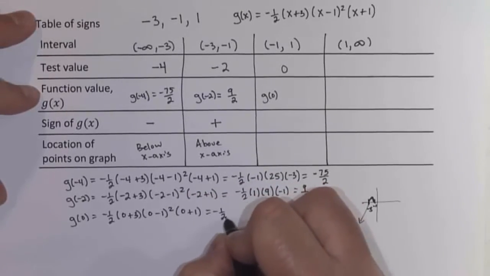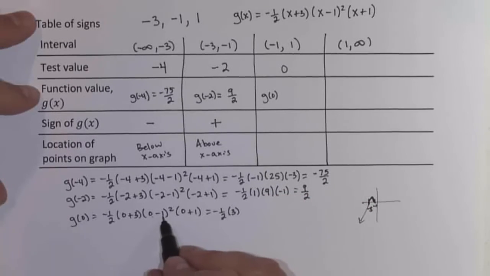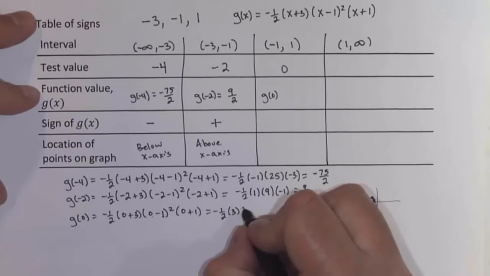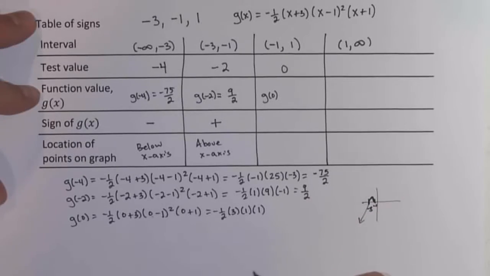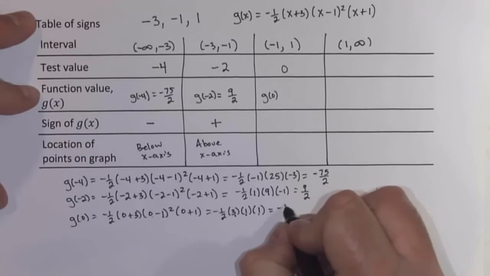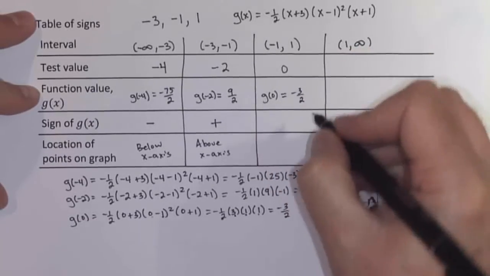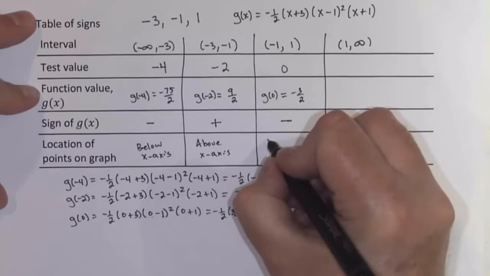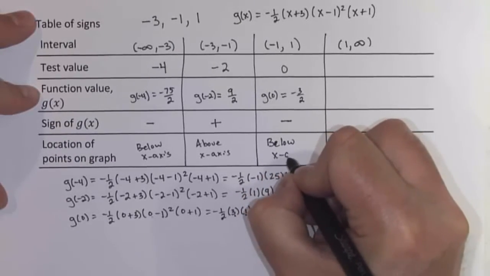So that's negative 1/2 times 3, since 0 plus 3 is 3. 0 minus 1 is negative 1, squared is positive 1. And 0 plus 1 is 1. So we have negative 1/2 times 3, which is negative 3/2, times 1, which is still negative 3/2, times 1 again, which is still negative 3/2. So g of 0 is negative 3/2. The sign is negative, which means on this interval we are below the x-axis.